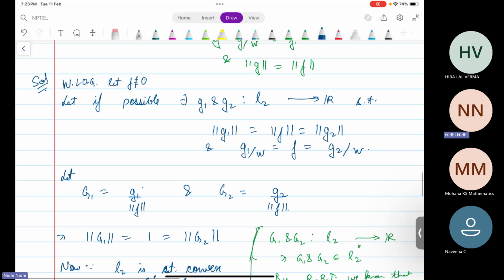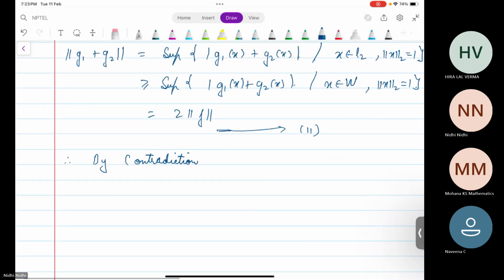Unique extension. The Hahn Banach extension is unique.